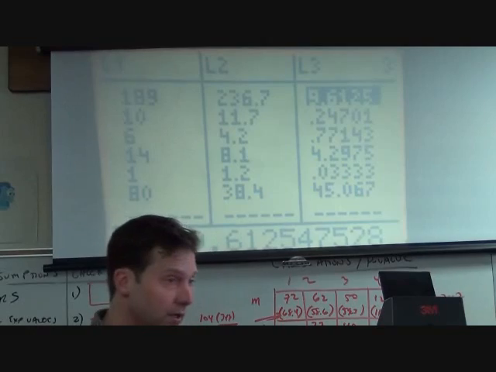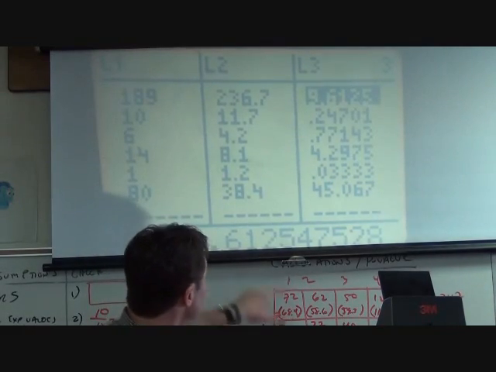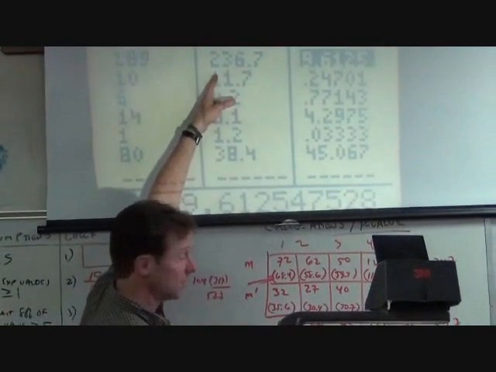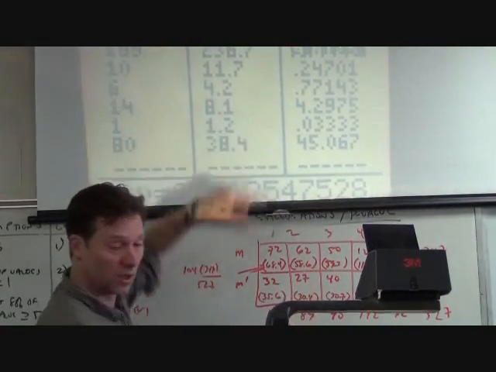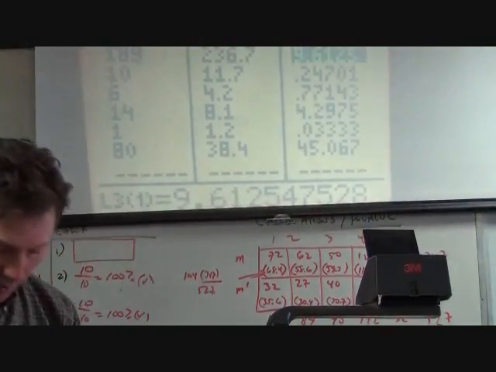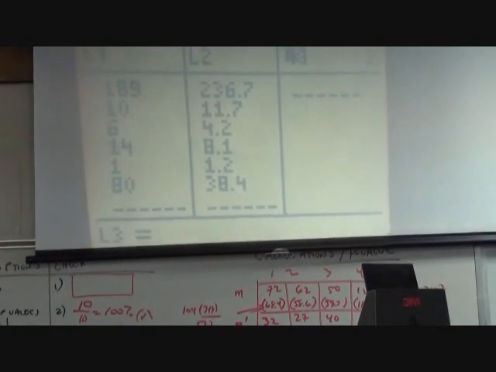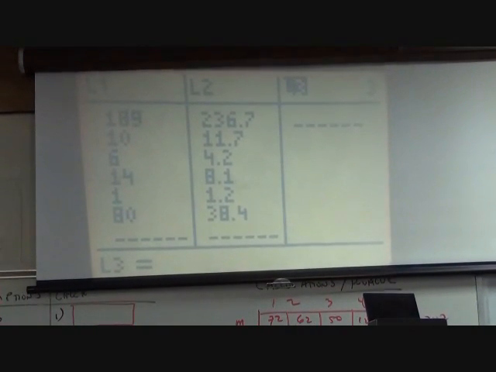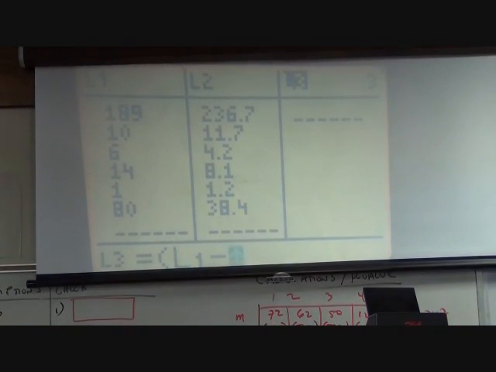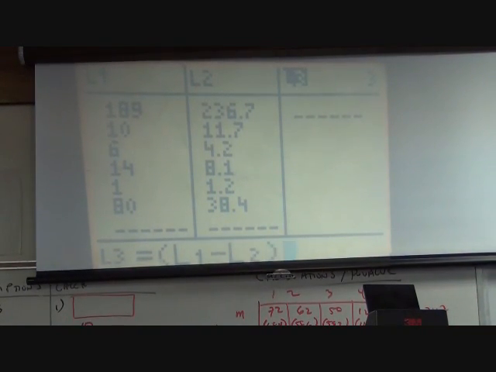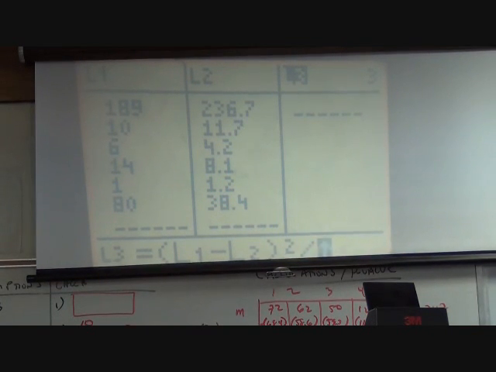And then all these expected values should be in L2: 68.4, 56.6, and so on. Then for the last column, you do the chi-squared formula: parentheses, the observed, those are in L1, minus the expected, those are in L2, parentheses, squared, and then divided by L2.